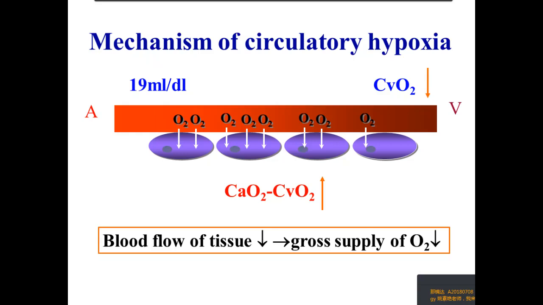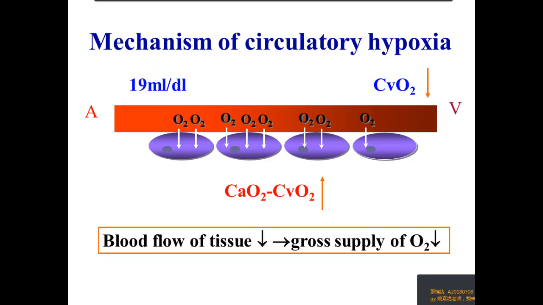In normal body, the tissue cell supply oxygen for tissue cell. Now the blood flow the tissue. Now all the blood, not only 100 millimeters blood. Understand?